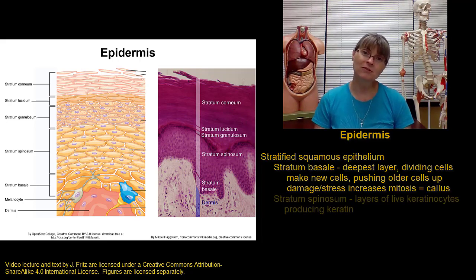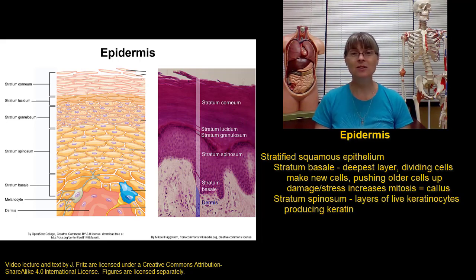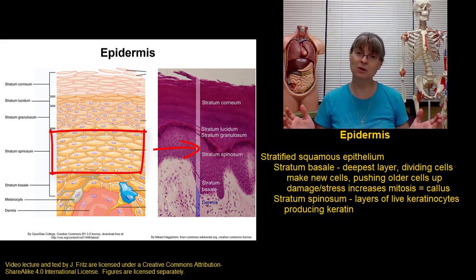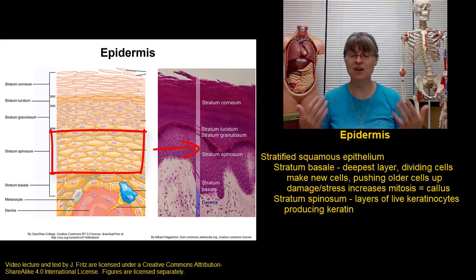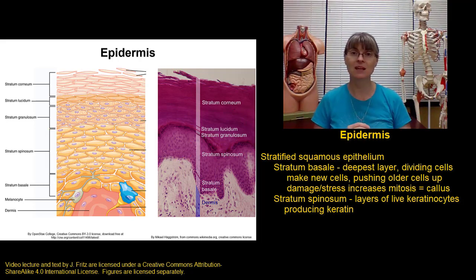If we move up a little bit from the stratum basale, we get to the stratum spinosum. The stratum spinosum is made of layers of live keratinocytes. The main job of a keratinocyte is to produce keratin. So these cells of the stratum spinosum are live cells, and they're working really hard to make a lot of keratin.